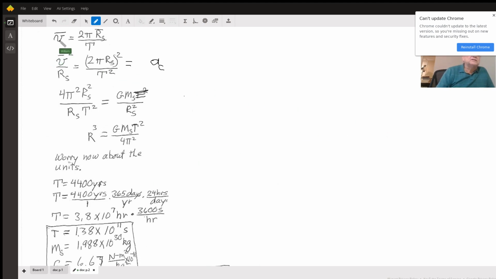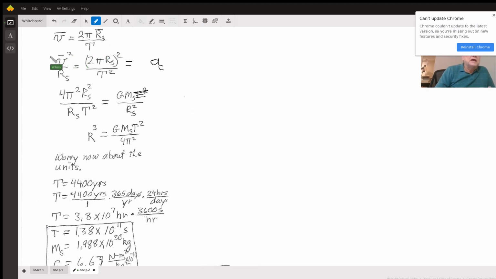The average speed is equal to the average distance over the average time. Well, the time that we're talking about here is a full circle, so it'll go around over 8,800 years twice.